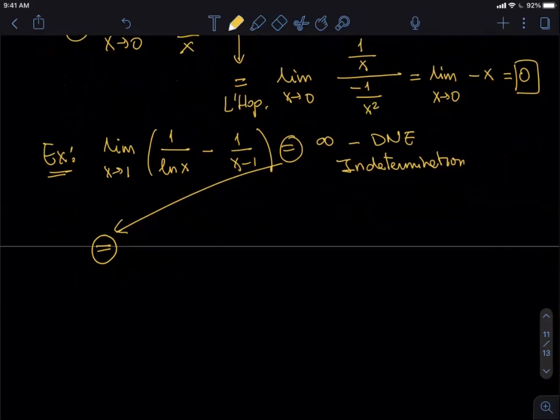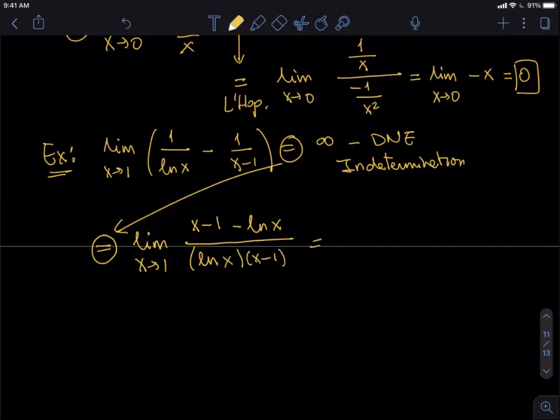Now, here, if we have two fractions, right? So if we do the computation, x minus 1 minus the logarithm of x divided by the common denominator, logarithm of x times x minus 1, now what we have is 0 in the numerator divided by 0.